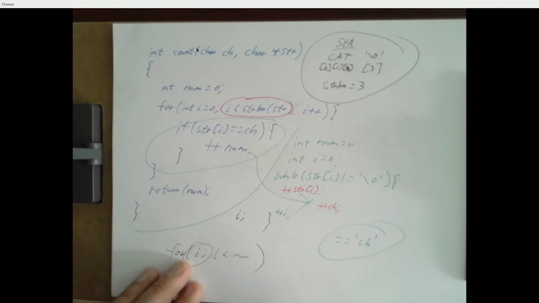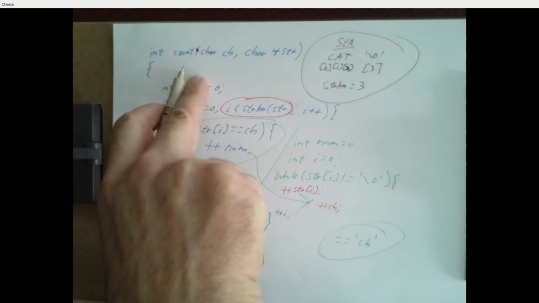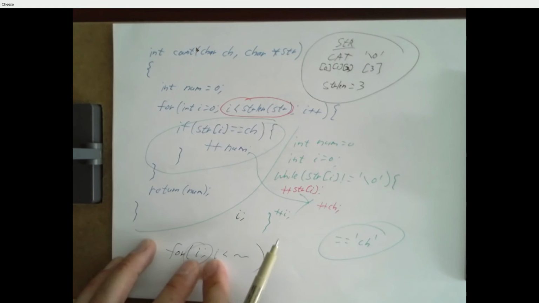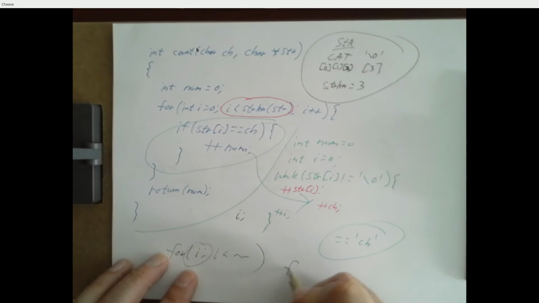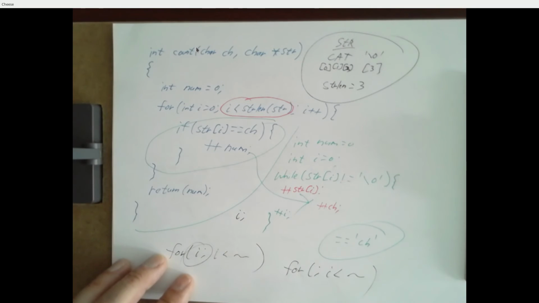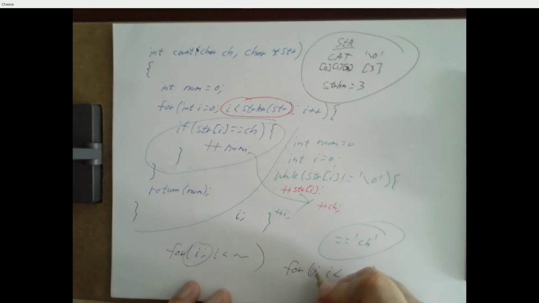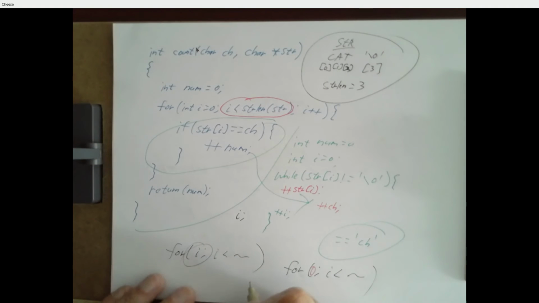And if you said up here, int i = 0, and then you say for (i; ...), the i semicolon is meaningless, so this is perfectly valid. For semicolon with nothing in the beginning says I don't need to do any initialization here. But a better way to do this might be for i equals 0, i less than, etc.